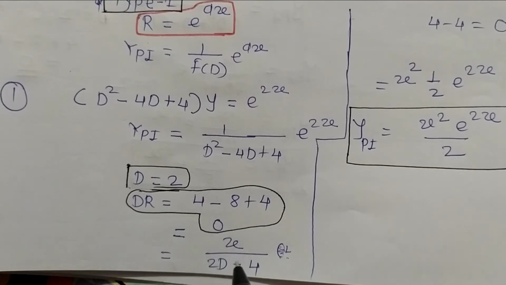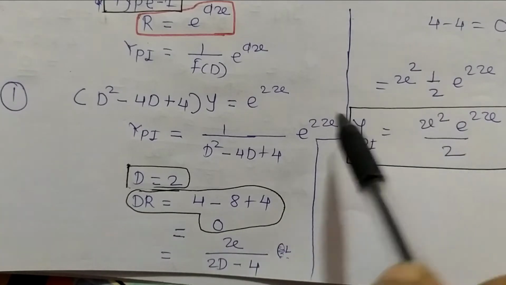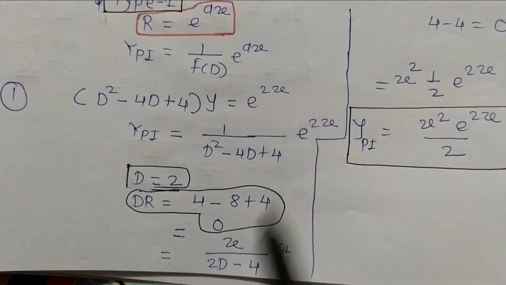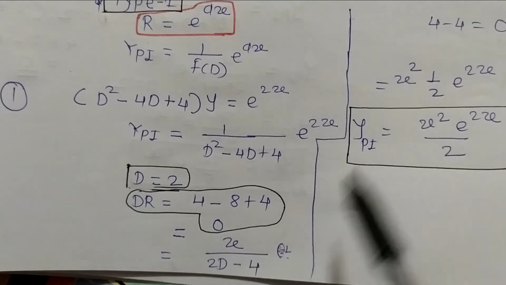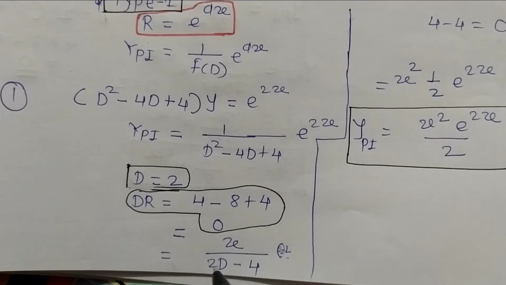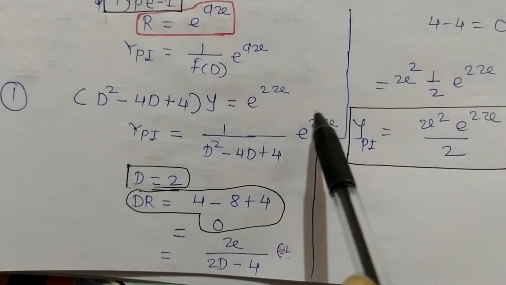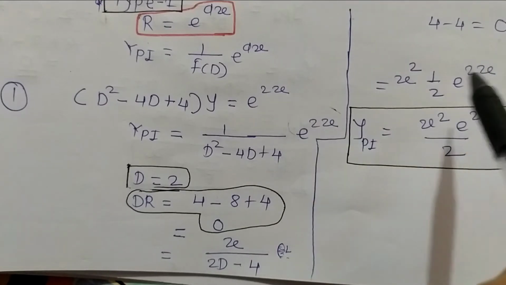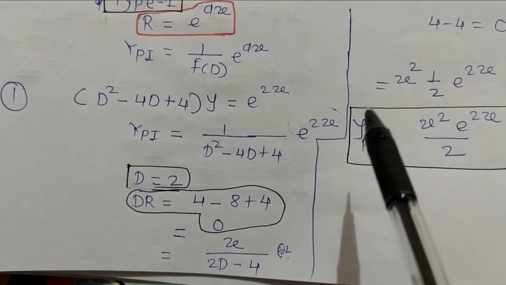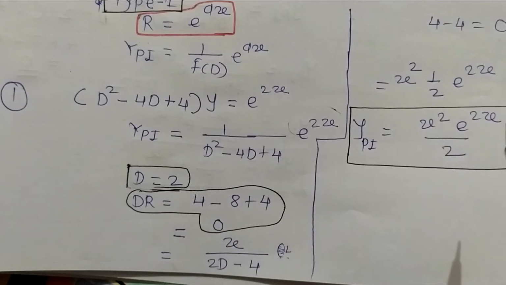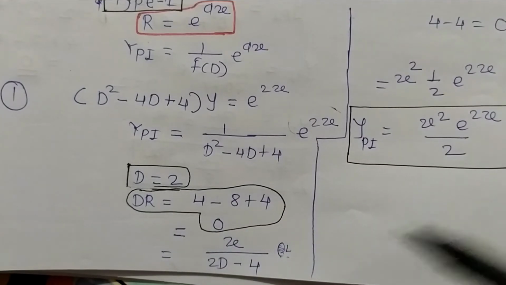So again we have to differentiate this and add one more x here. So here we have x, and another x makes x square, and the differentiation of 2D minus 4 is 2, so 1 by 2, and we take e raised to 2x. So this is the solution of this differential equation, that is x square e raised to 2x by 2.